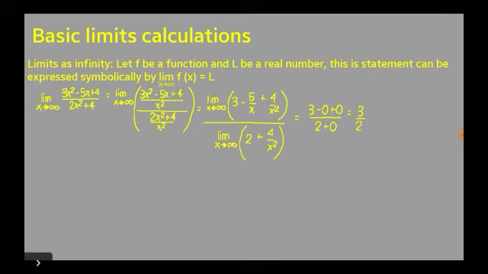Then the limit as x approaches infinity of 3 minus 5 over x plus 4 over x squared, over 2 plus 4 over x squared. Because the numerator and denominator have the same variable, x squared, 3x squared over 2x squared, we get 3 minus 0 plus 0 over 2 plus 0, which is equal to 3 over 2.